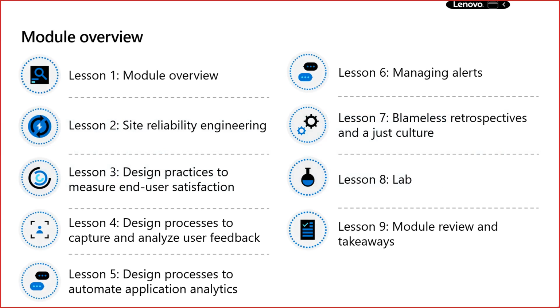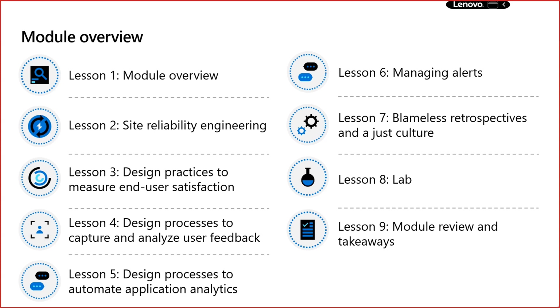In this module, we are going to understand about the site reliability engineer, one of the important parts of our DevOps methodology, or DevOps cycle. We'll talk about design practices for how we can measure end user satisfaction, how we can look for client satisfaction, and how we can improve the process in order to get feedback from the user.